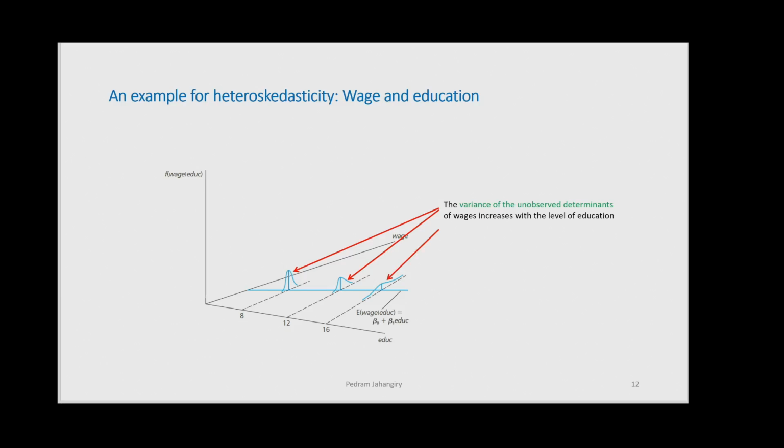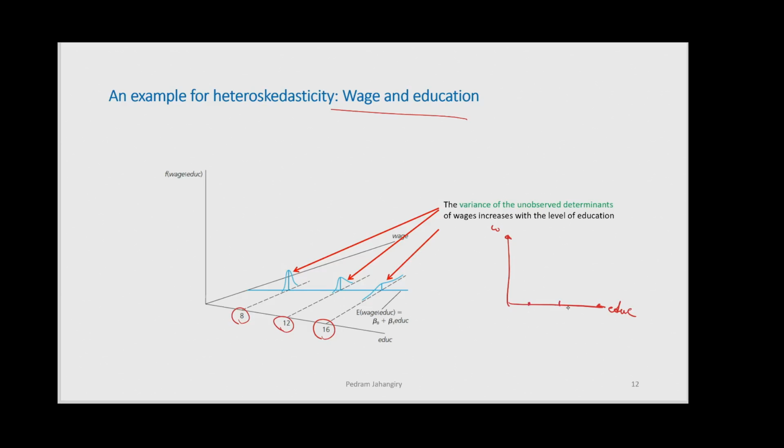What is an example of heteroskedasticity? Our friend, wage versus education. Let's say education 8, 12, 16. You're used to seeing it this way, and maybe you can relate to this one better.